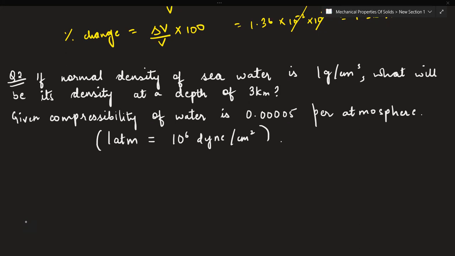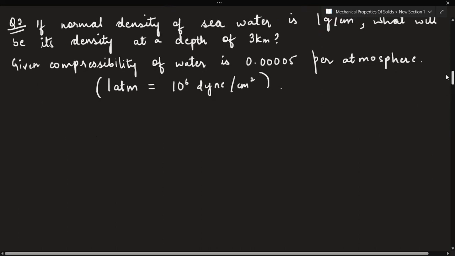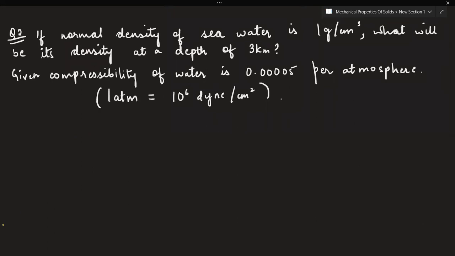At least do one thing, Omar, by yourself. Compressibility is given to you, 0.0005. What should be the bulk modulus? First, tell me the bulk modulus. Yes, ma'am. I'm doing the calculation for it. Ma'am, is it 1.14 gram per centimeter cube? 1.14 gram per centimeter cube, the density.